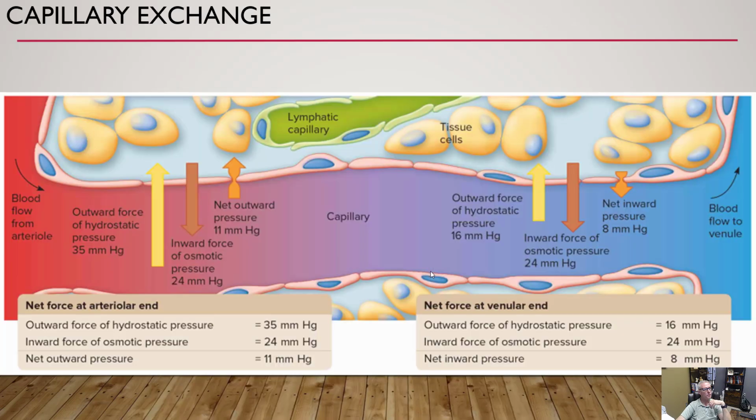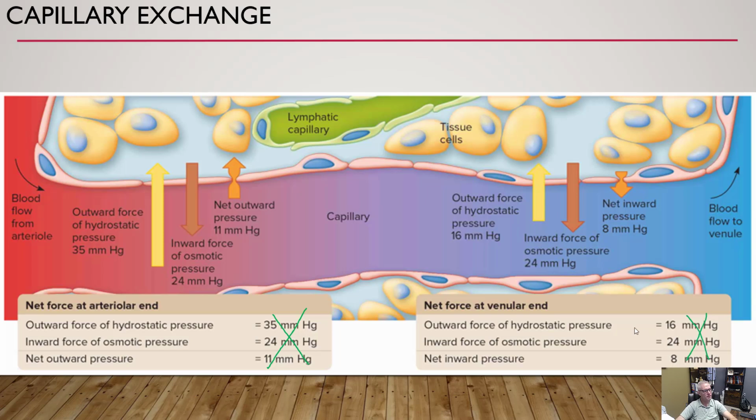All right, so in practicality, this is what happens in our cardiovascular system. This is going to be an introduction. We're not going to worry about these numbers.